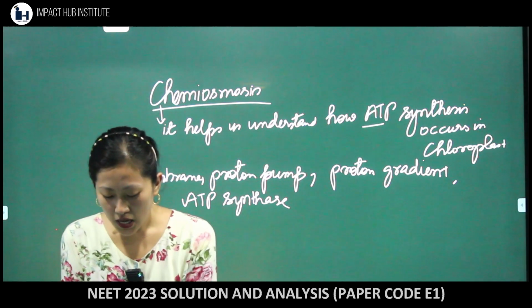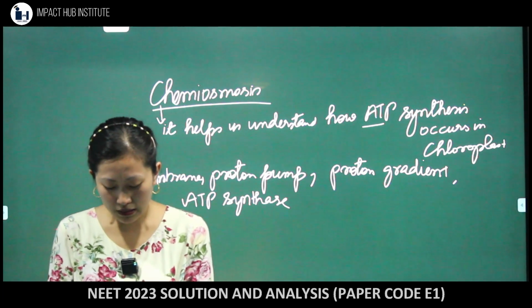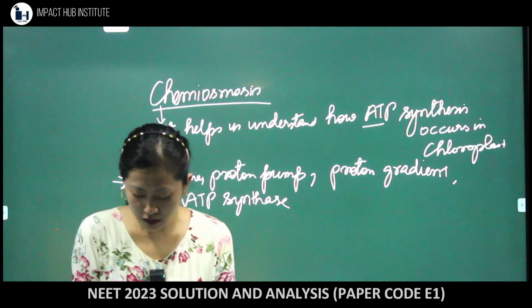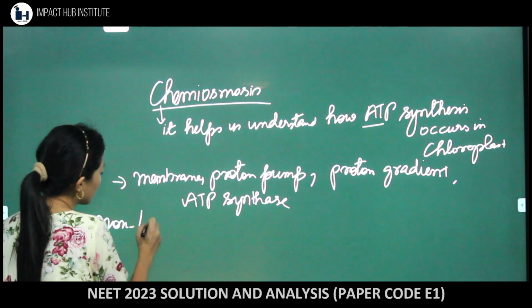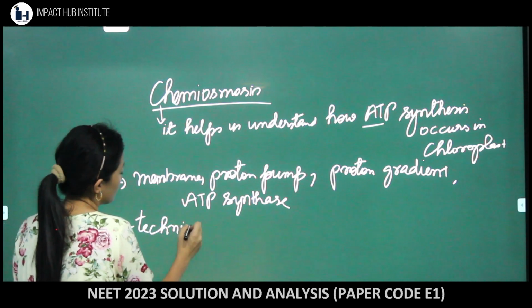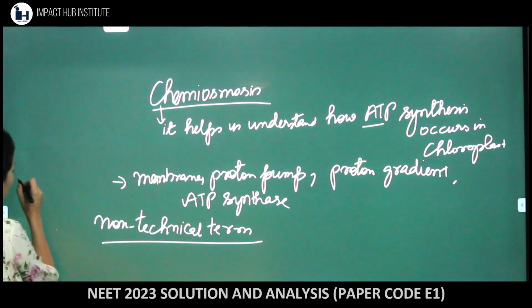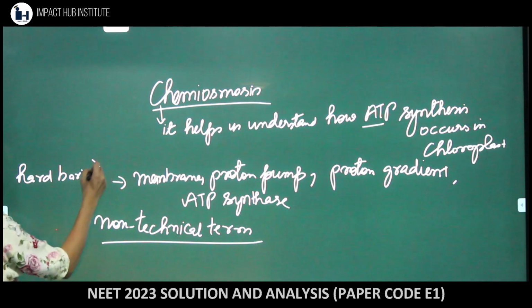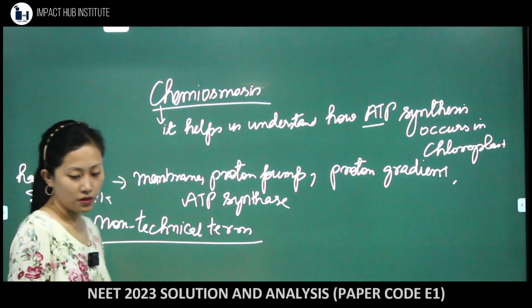For option C, bark is a technical term that refers to all tissues exterior to vascular cambium. This is incorrect because in your NCERT textbook they have given bark as a non-technical term. So it should actually have been written non-technical term. And the other one, instead of hard bark, it should have been soft bark.